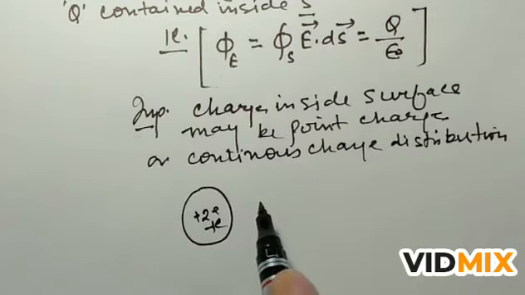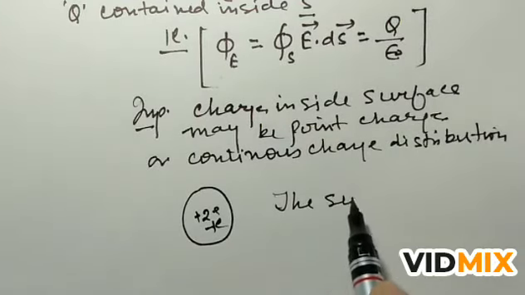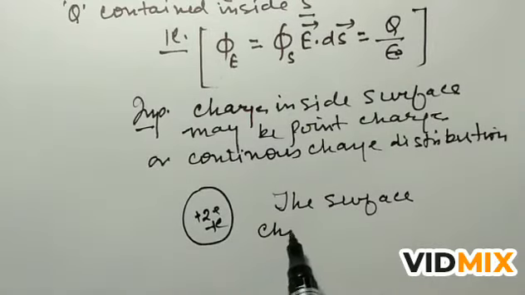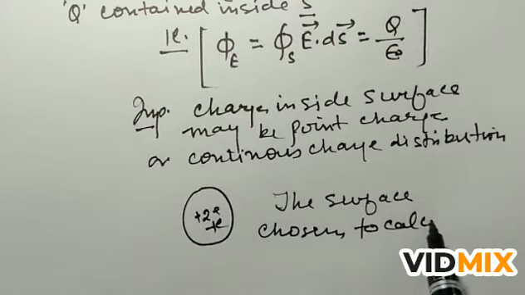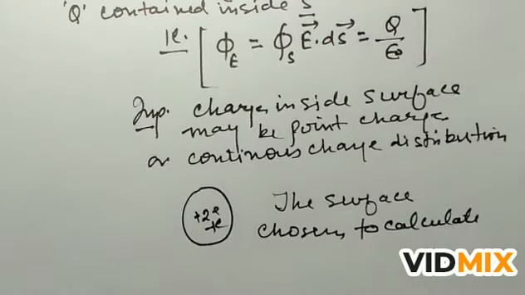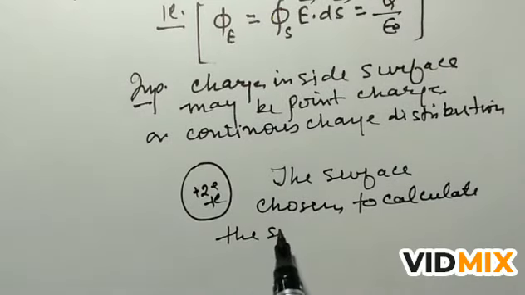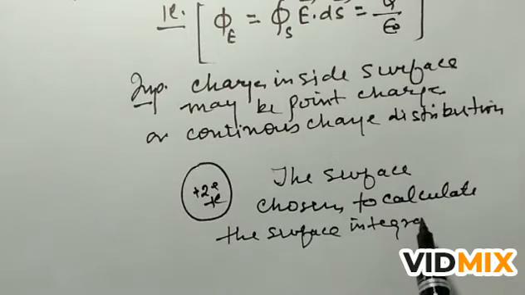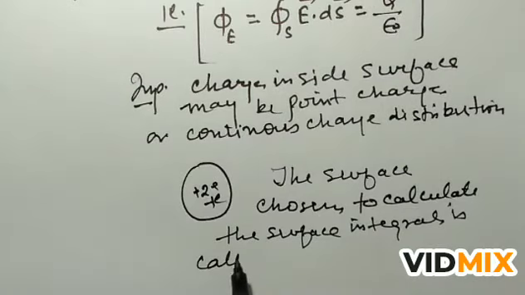Now the surface chosen to calculate the surface integral is called Gaussian surface.